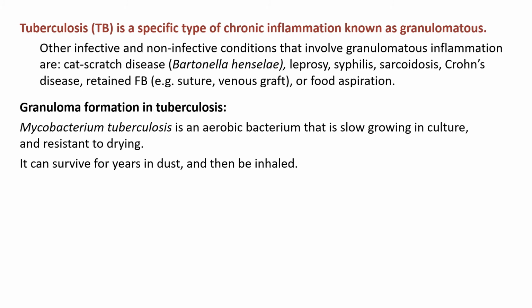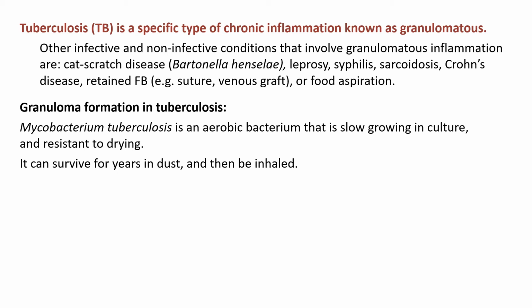So in tuberculosis, because we're looking specifically at TB, again, as I said, you need to name your pathogen in full. Mycobacterium tuberculosis. This one is aerobic. You might expect it to be. It enters via the lungs. But it's also very slow growing in culture, and it's very resistant to drying.